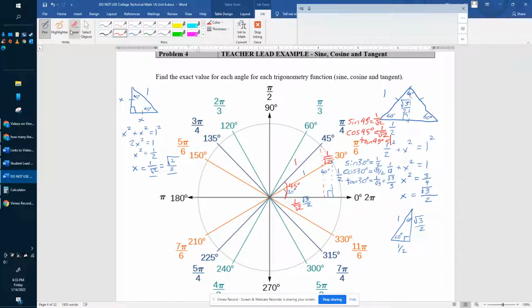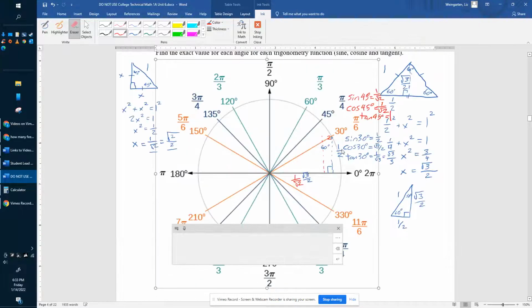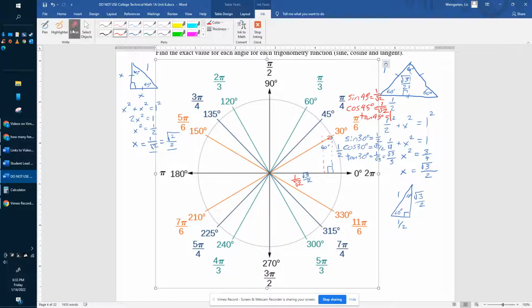Now let's get rid of some of this stuff so that you can see the next few examples a bit better. So we're going to work on 60 degrees. I'm going to do some of the weirder ones with you, like 90 degrees and, get my eraser back.